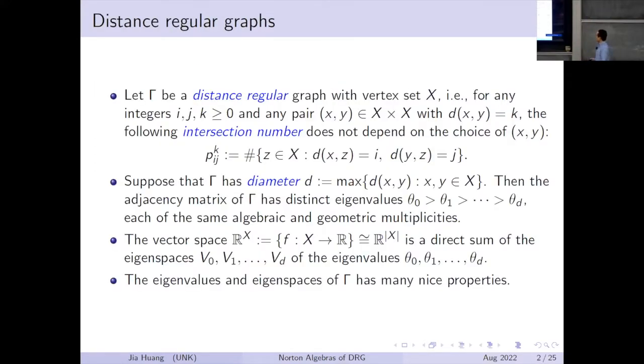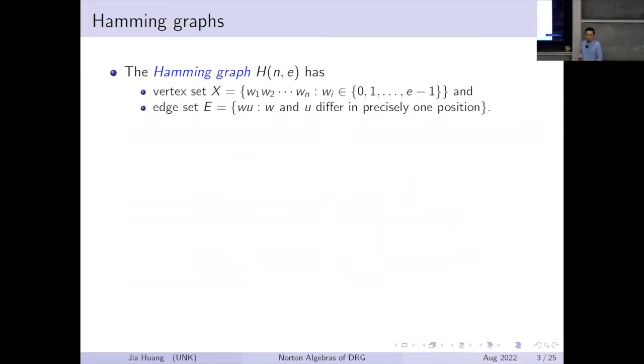Okay, so let's look at an example, the Hamming graph H(n,e). The vertex set X consists of all the words of length n, where each digit is chosen from 0 through e minus 1, so e different choices for each digit. The edge set consists of all the unordered pairs where the two vertices differ in exactly one position.